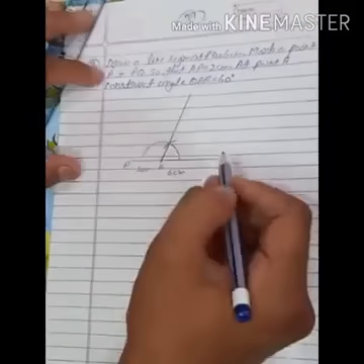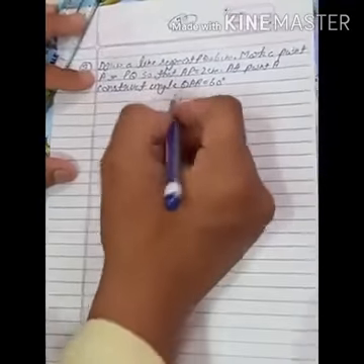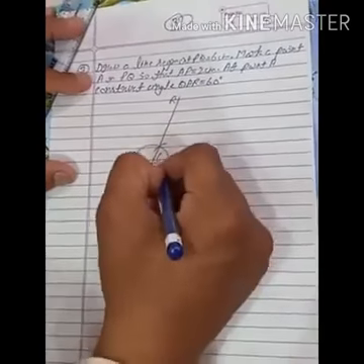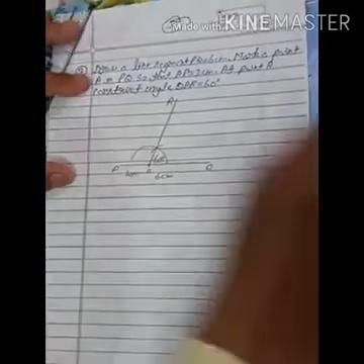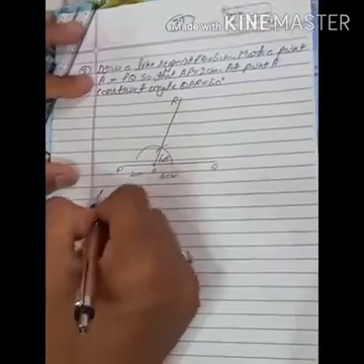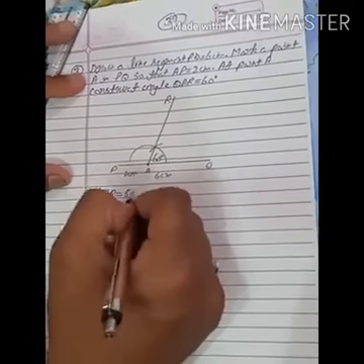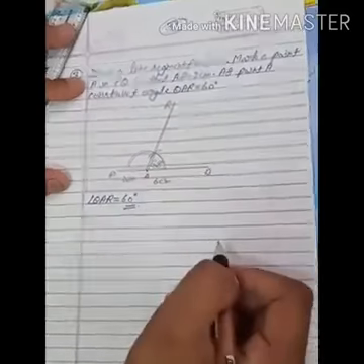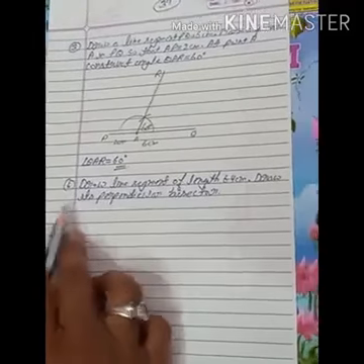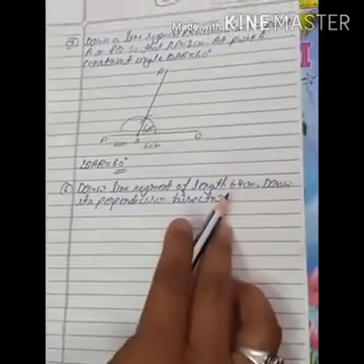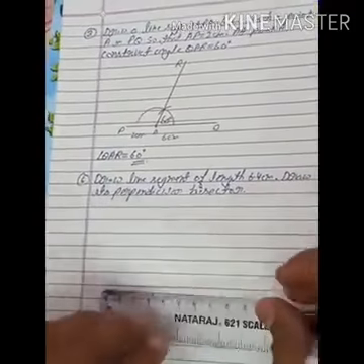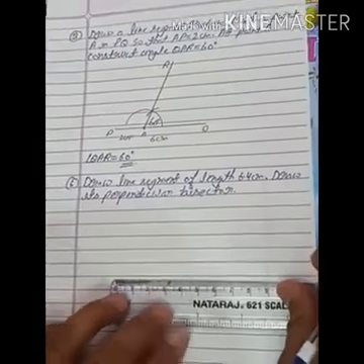And what is the name? QAR. Here R. And here we can write 60 degree. Then angle QAR is equal to 60 degree. Sixth question. Draw a line segment of length 6.4 centimeter. So first of all we will draw a line segment of length 6.4 centimeter.